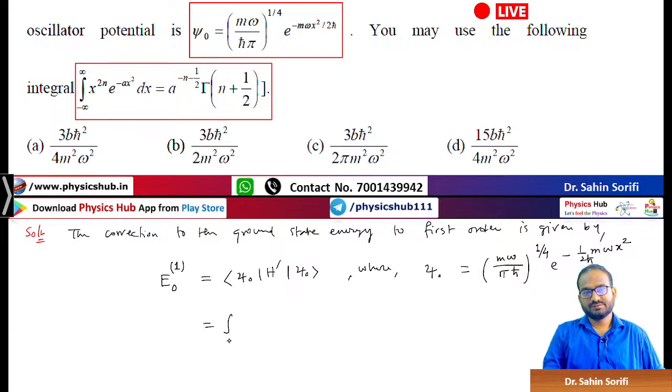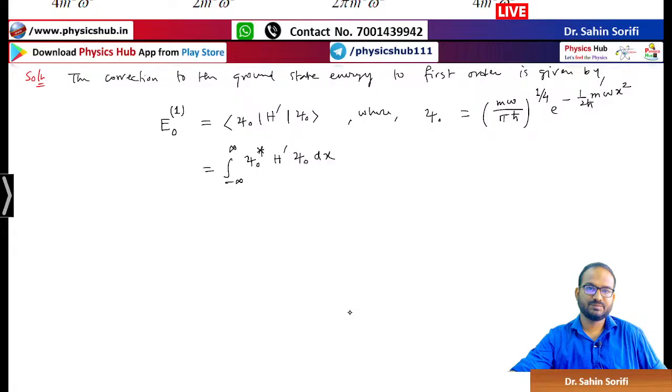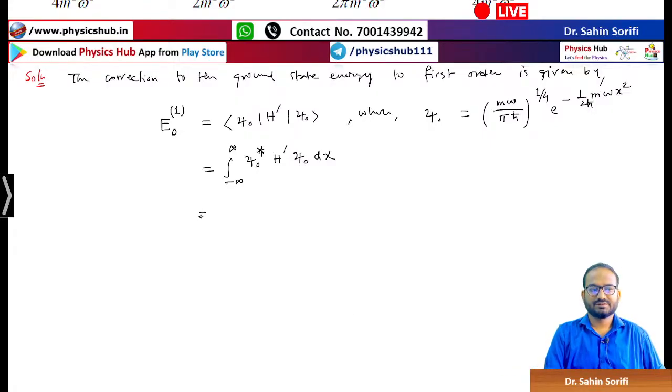So this equals the integral from minus infinity to plus infinity of psi 0 star H prime psi 0 dx. This is the original formula, you have just put it in. Psi 0 star psi 0, this is a real wave function, so we just take the square of it.